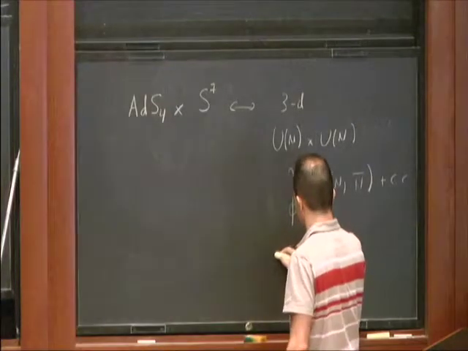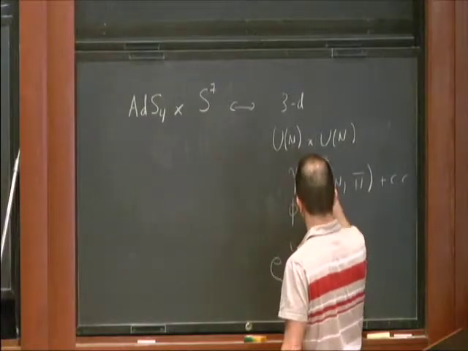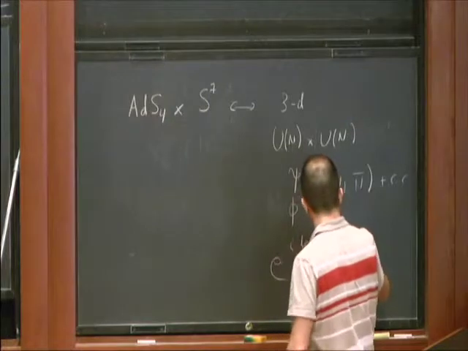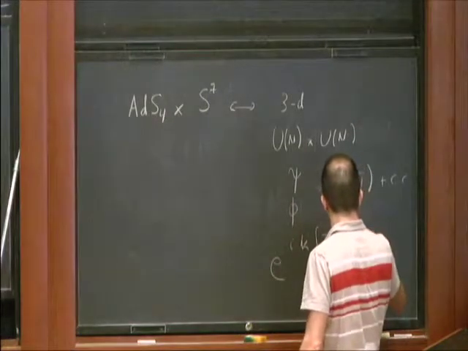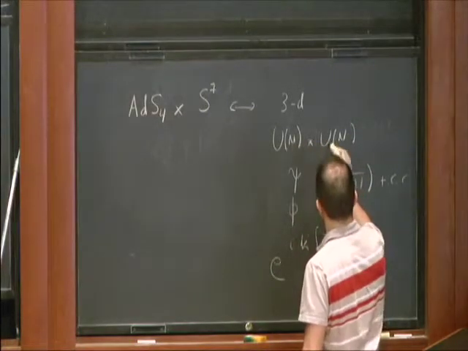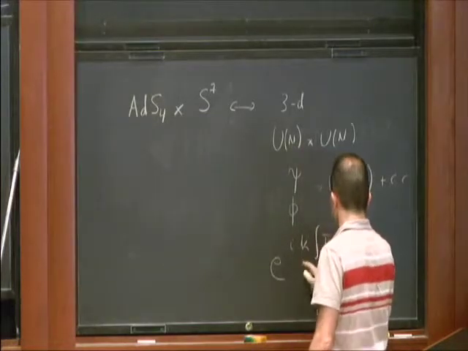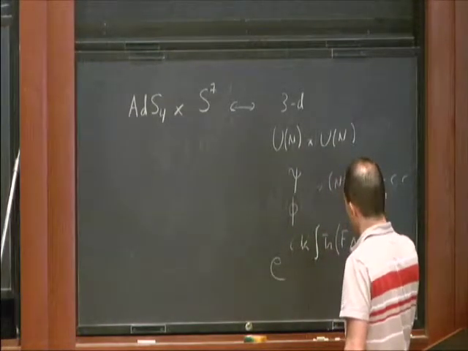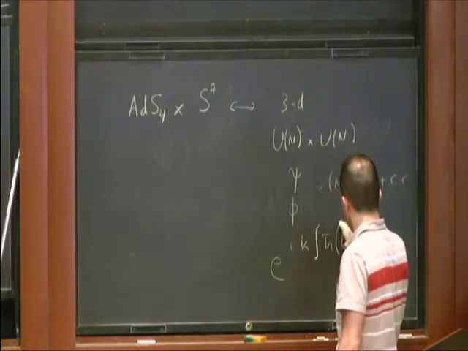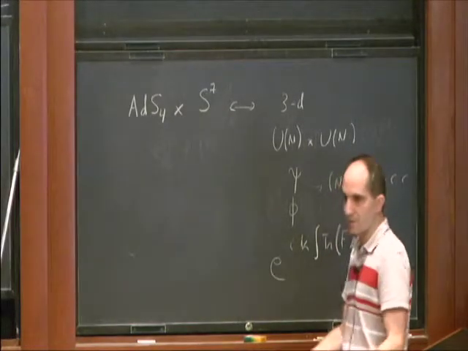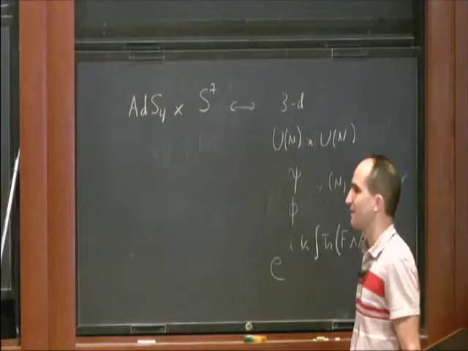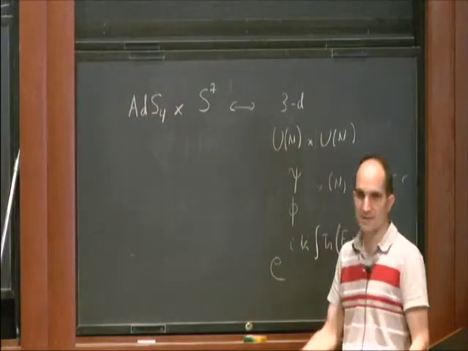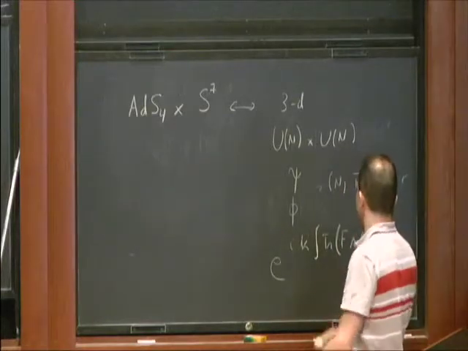In 3 dimensions for gauge fields, you can write a so-called Chern-Simons coupling. There is a Chern-Simons coupling for each of the 2 gauge groups, and you can write it in this way. If we only had the gauge field, this would be a topological term. However, once we put the matter, we get some non-trivial interacting theory.